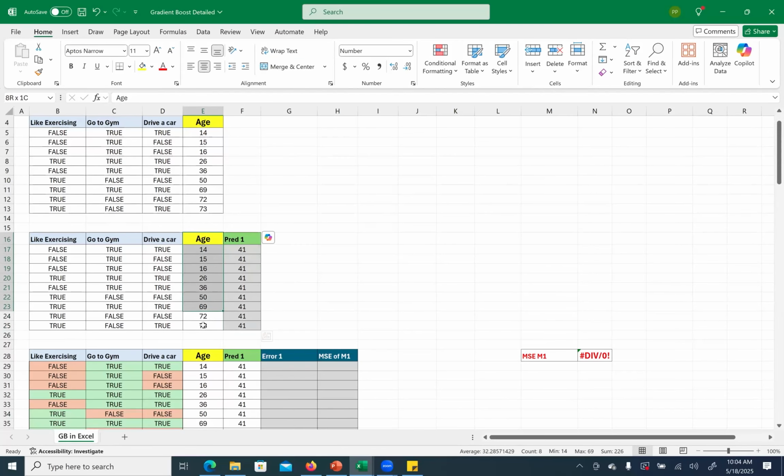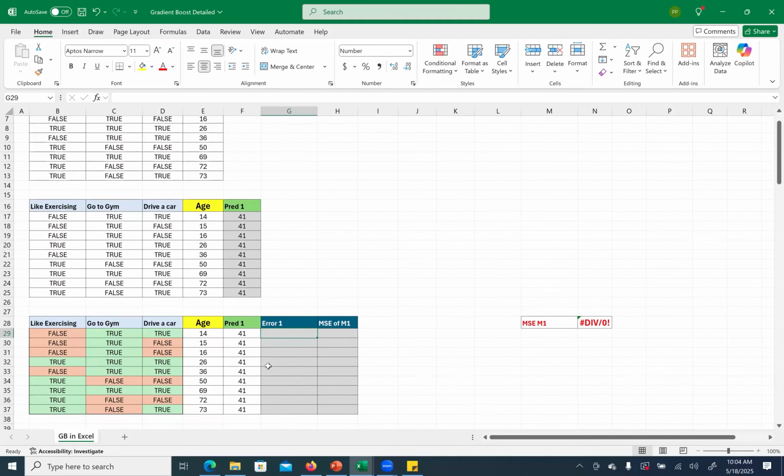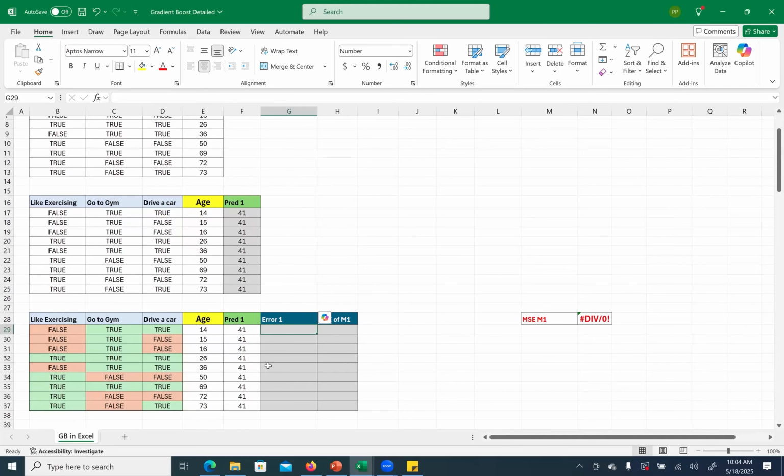If these are my actual values and this is my prediction, my error is simply the subtraction of these two. In general it is taken as actual minus predicted. Although it will not matter, I will take a square of it.